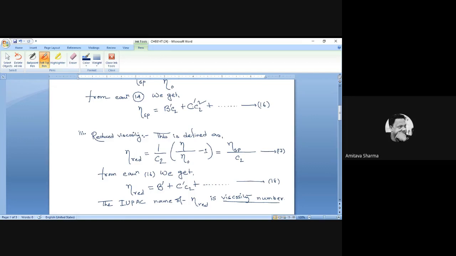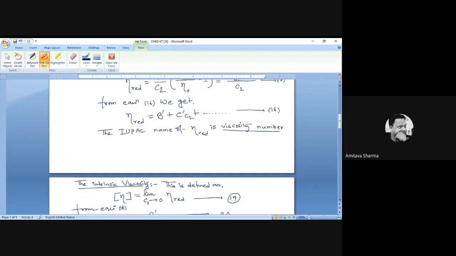And what is reduced viscosity? It can be defined as 1 by c2 into eta by eta 0 minus 1, so eta specific by c2, that is specific viscosity by concentration. And specific viscosity is also known as viscosity number.